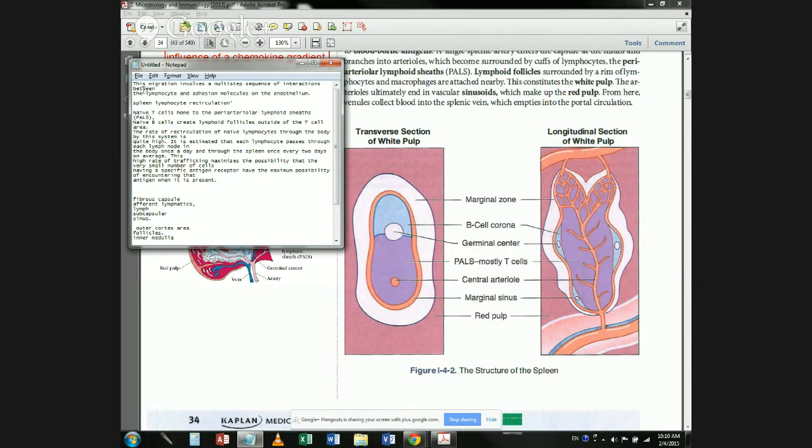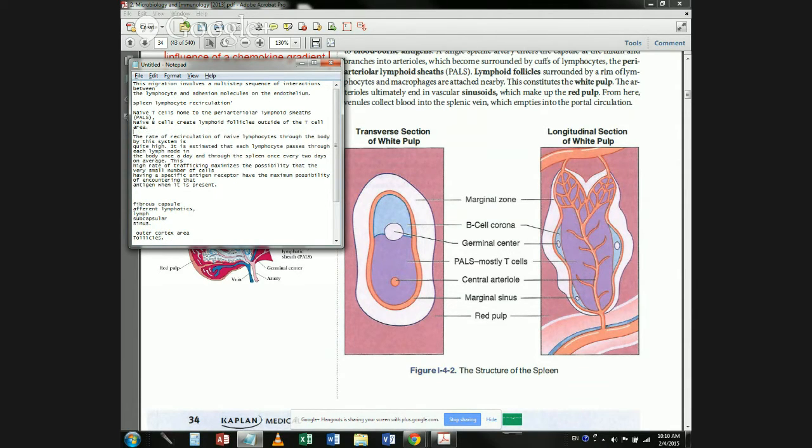The rate of recirculation of naive lymphocytes through the body by this system, the system of lymphocyte recirculation, is quite high.